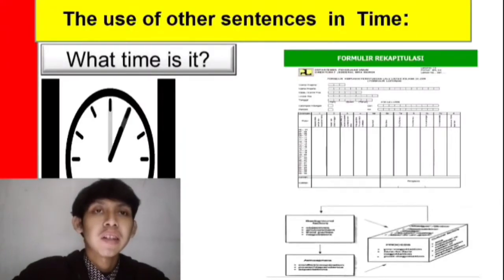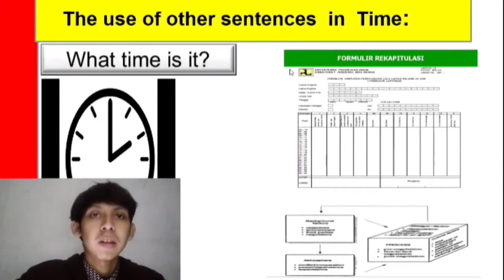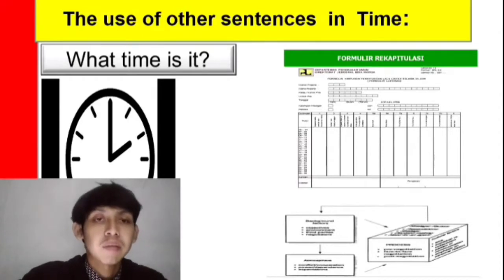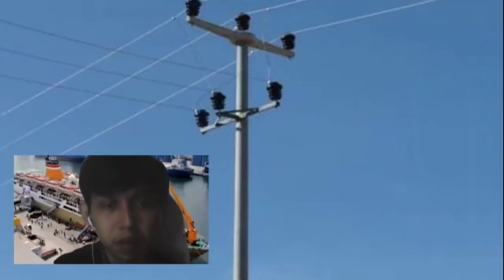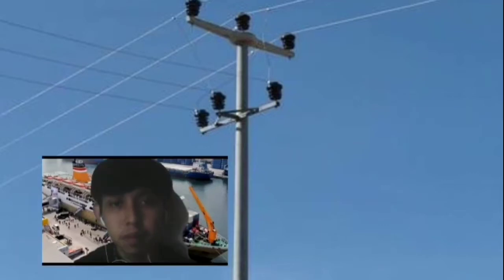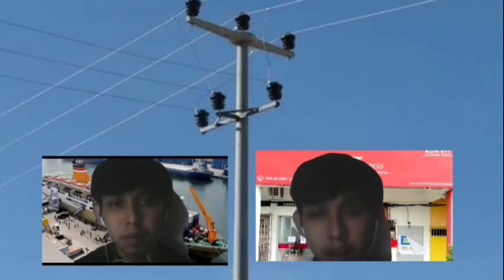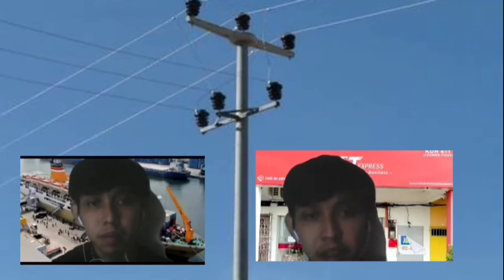The use of cardinal sentences in time. Example, a customer is asking about delivery time. Hello, is this GTM delivery service? Yes, this is GTM delivery service.